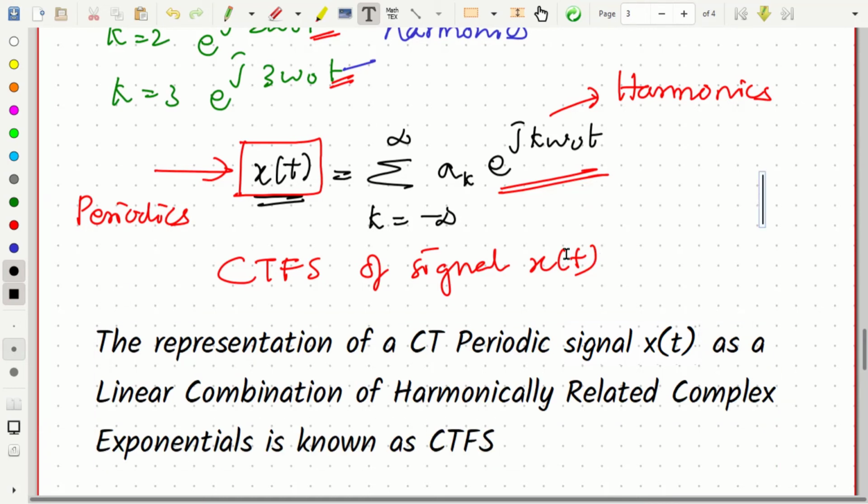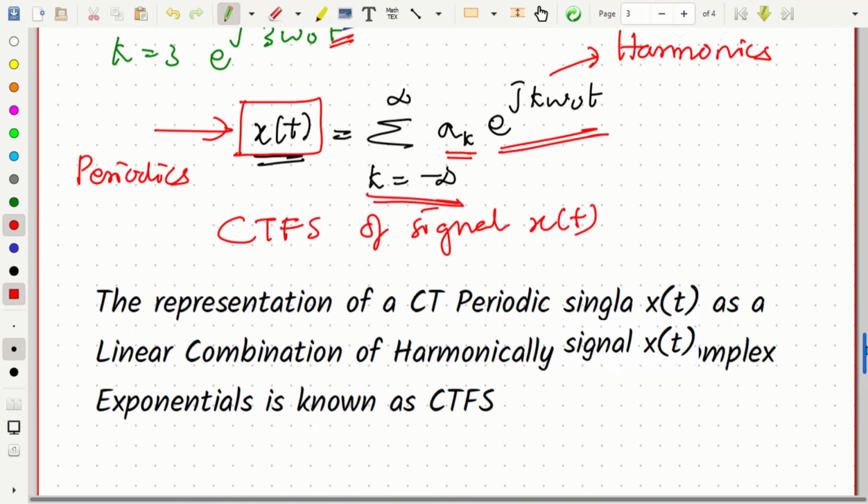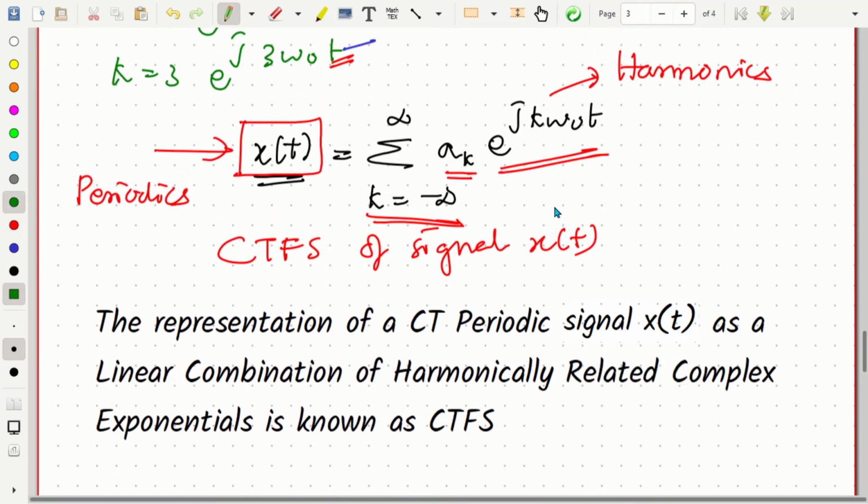If you can express any signal x of t as a linear combination, from where does the word linear combination come? Because you can see summation k varies from minus infinity to plus infinity, ak into e power jk omega 0 t. If we expand this equation, what happens?